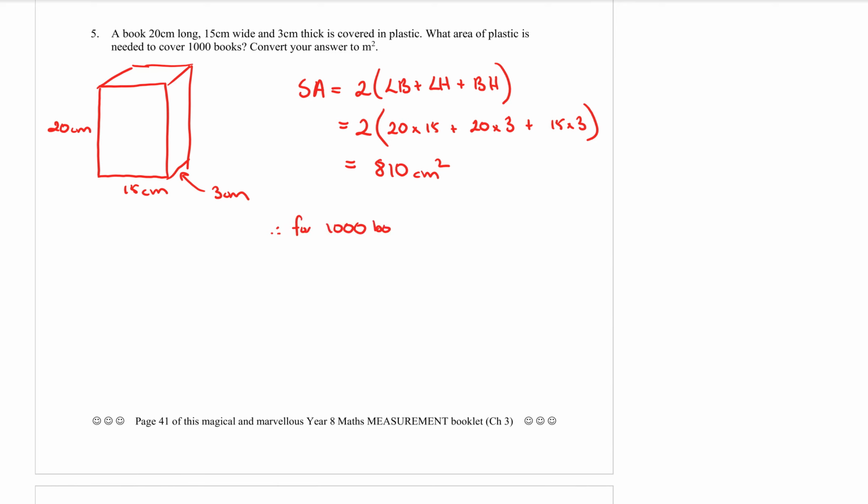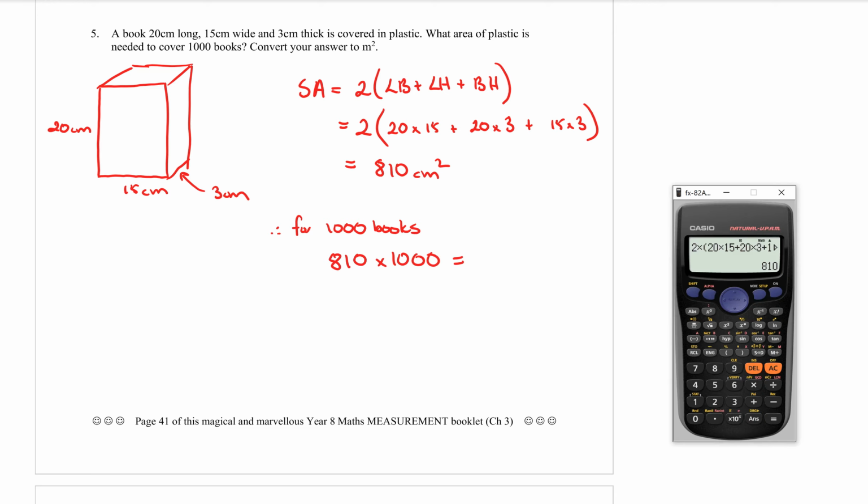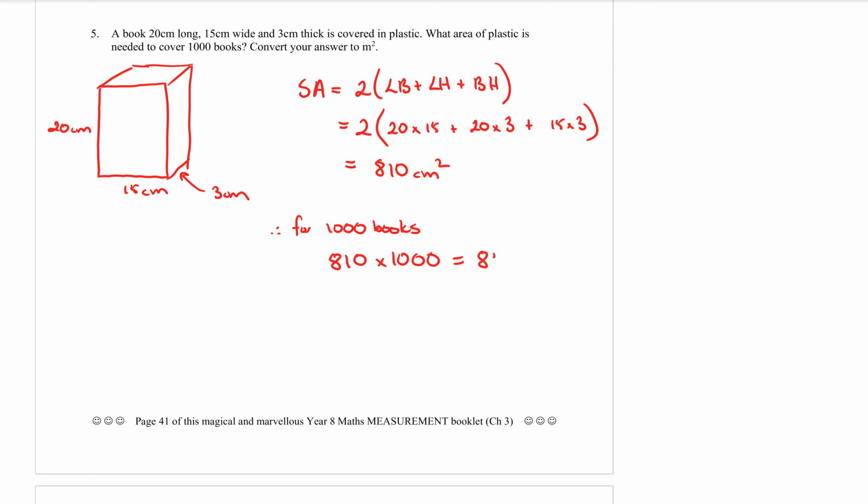But if I want 1,000 books, we would need to have that amount times by 1,000, which is 810,000 centimeters squared. Now to change from centimeters squared to meters squared, because it asked me up here to convert into meters squared, I would need to divide that by 100 squared.